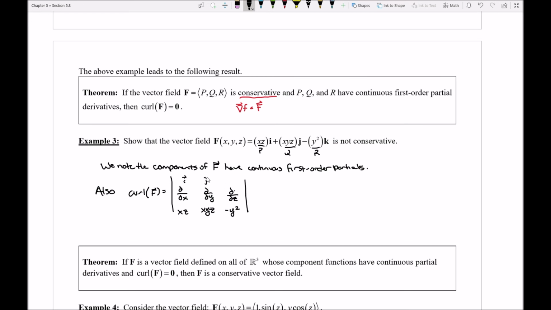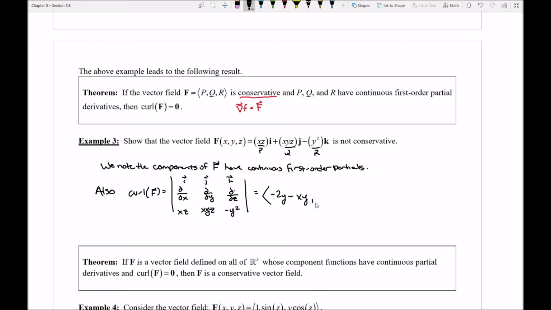Fill in my i, j, and k, and then go ahead and start my computation. Well, let's see what we come up with here. If I start by calculating my first component, I'm going to have partial with respect to y of my negative y squared. So that's negative 2y, and then minus my partial with respect to z, so that would be xy.